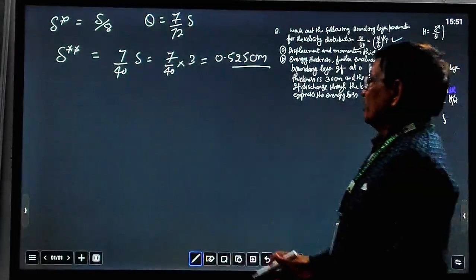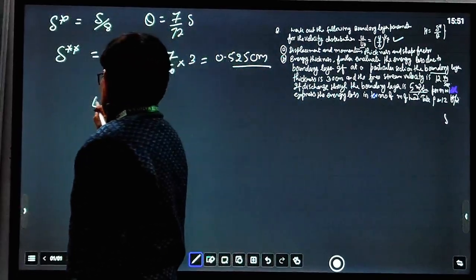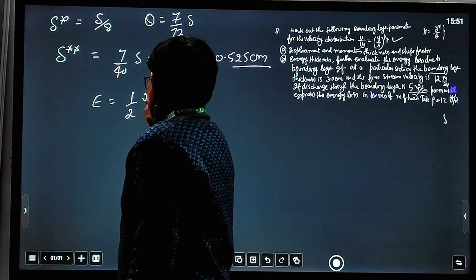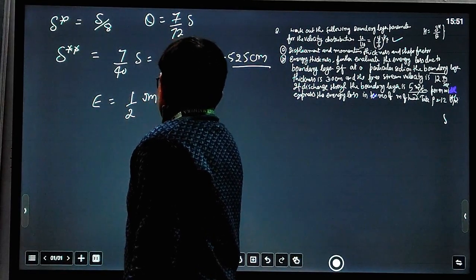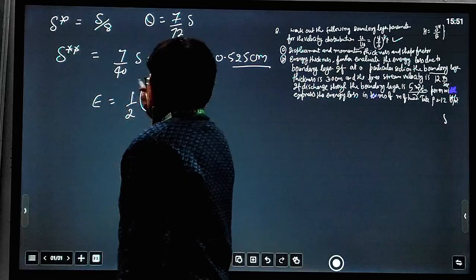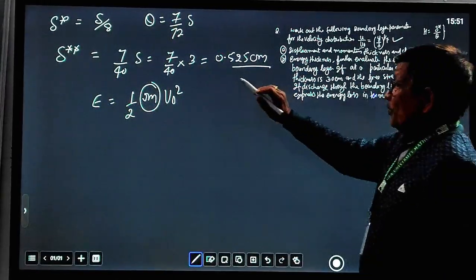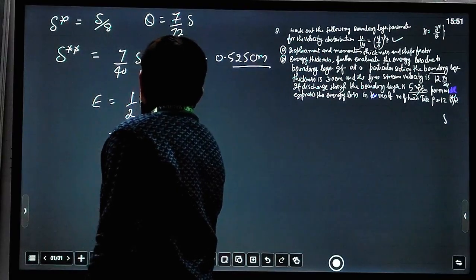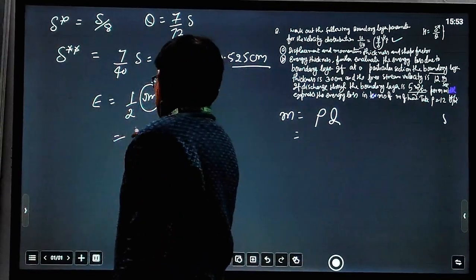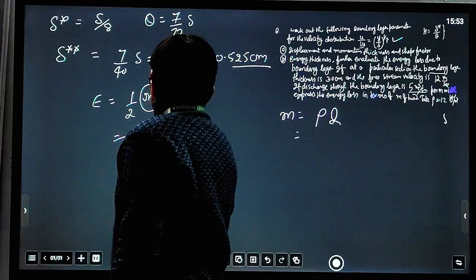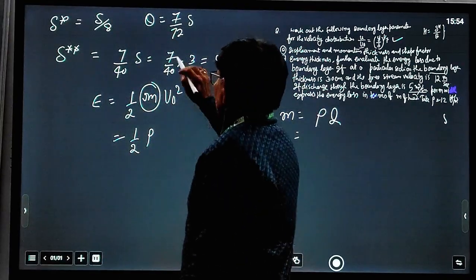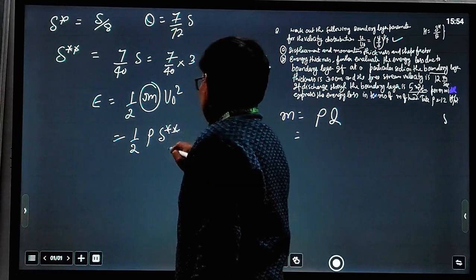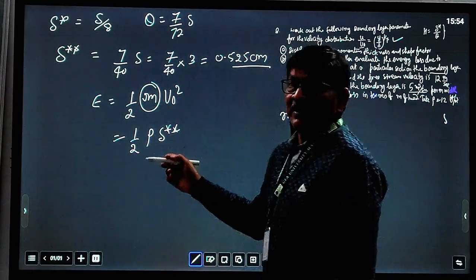We have to find out the loss in energy. Energy loss equals 1 by 2 m into u naught square. What is the displaced mass in this width of the plate? So mass equals rho into thickness, that is del star that we have found, into the width of the plate.